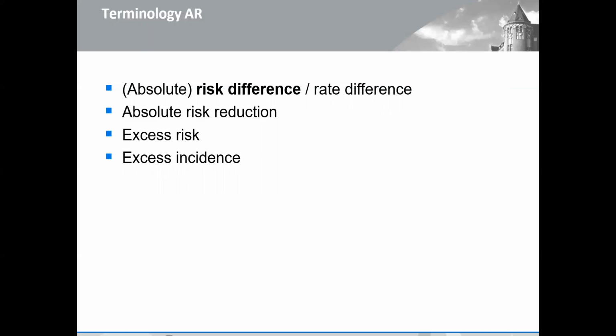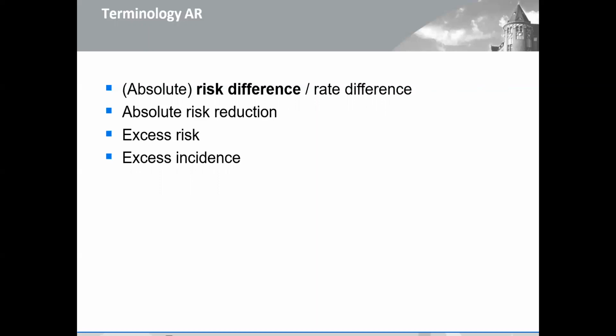Remember, why is it called excess risk? Because we are comparing the risk in exposed and the risk in what? In unexposed. Whatever difference happens between those two is the excess risk or excess incidence.